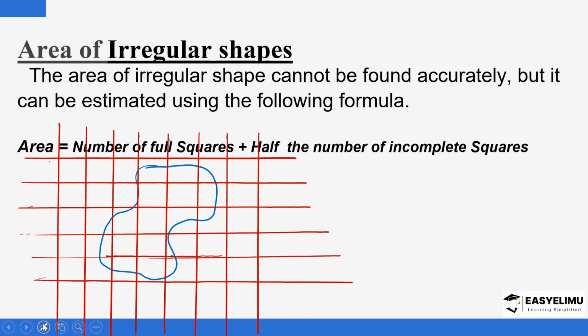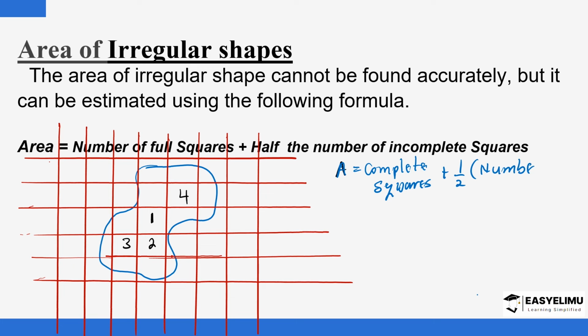So what you do is count the number of complete squares. Like I have 1, 2, 3, 4. So the area of that figure will be complete squares plus half the number of incomplete squares.